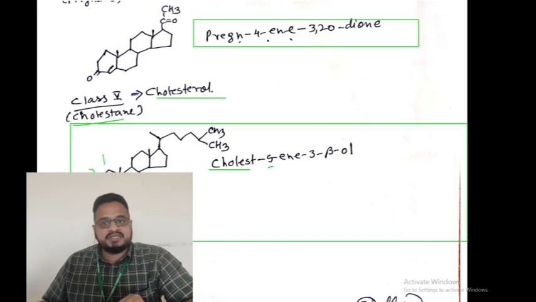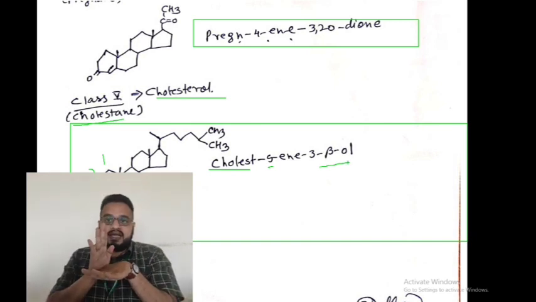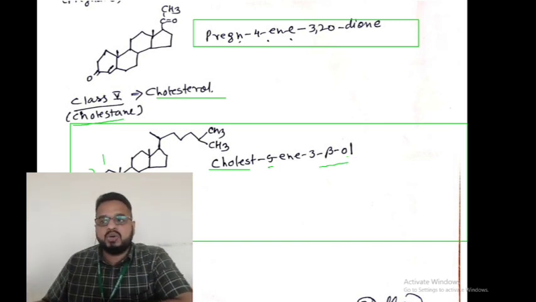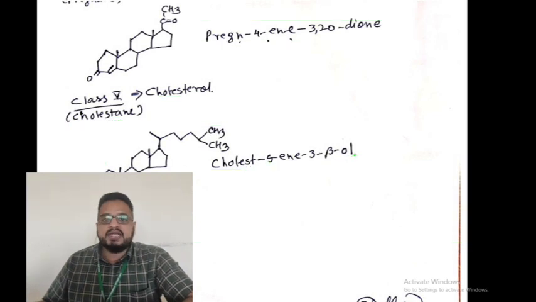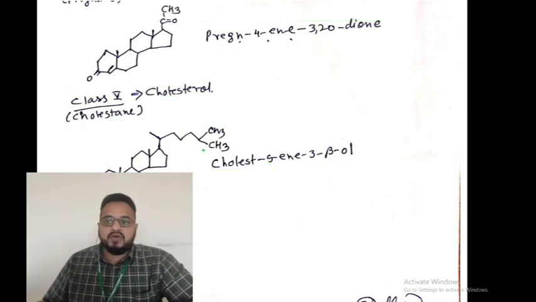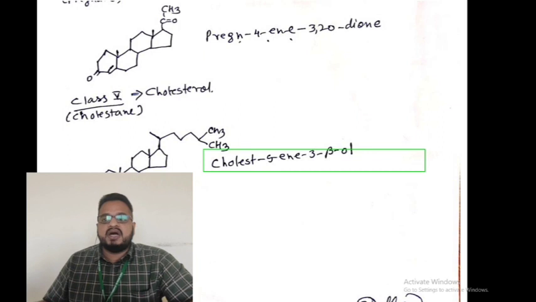Fifth and sixth, so there is no need to mention fifth and sixth, only 5 will do. Cholest-5-ene, 3, 3 beta. Beta is what? Above the plane. Ol is alcohol. So the nomenclature for this particular ring would be cholest-5-en-3 beta-ol.